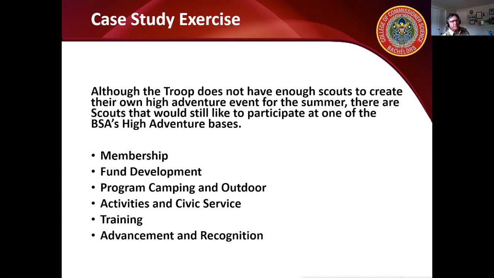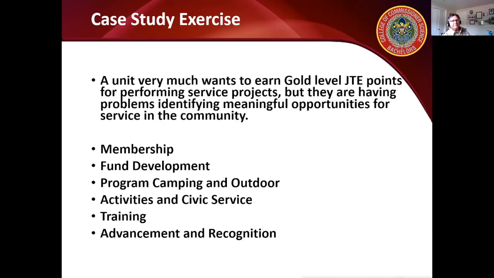The unit service plan plays a very important role here. I can't remember if we had any training on that in any of these segments. We covered a little bit of the unit service plan, but not in depth.